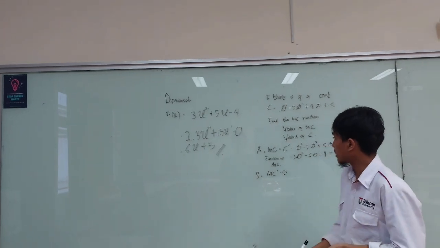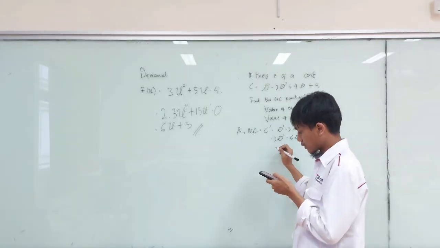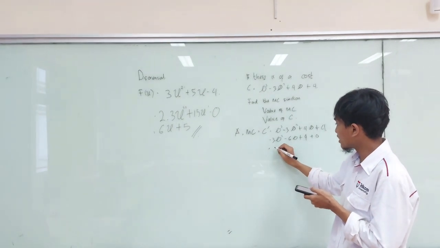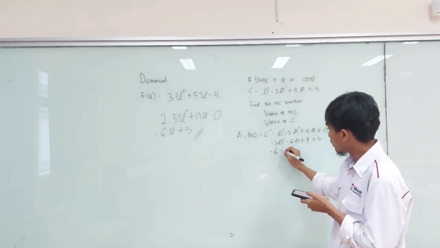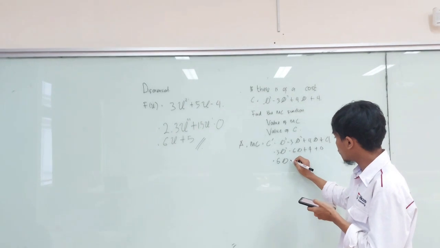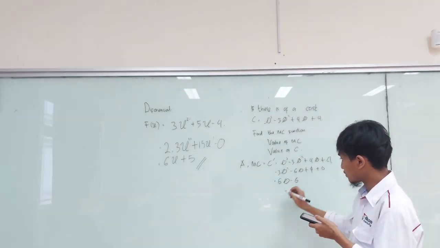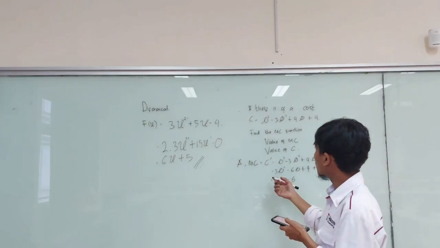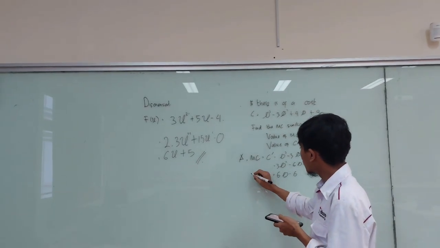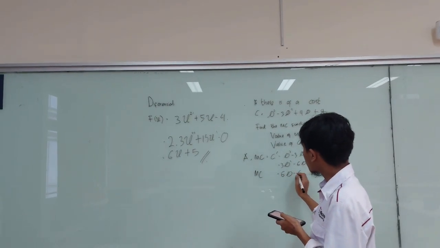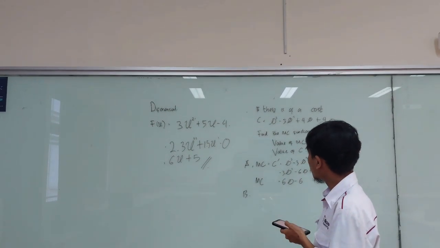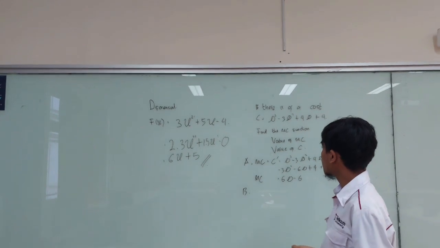Then after this we do differential again, then the answer is 6q minus 6. So the function of marginal cost is 6q minus 6.